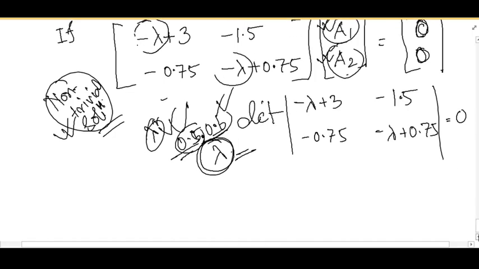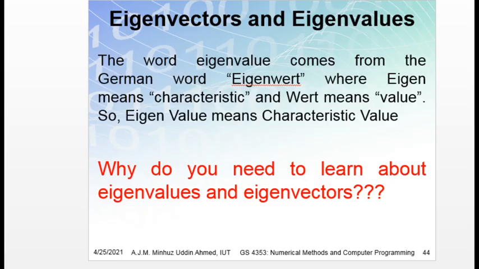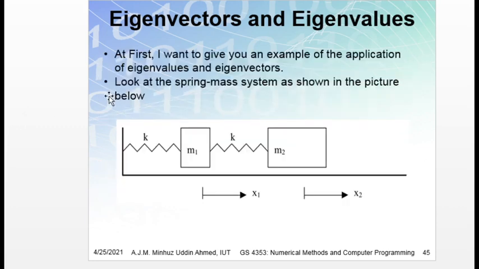Now I'm giving an example where you will be facing this. Take the spring problem in physics: the spring constant is k, and the masses m1 and m2 will be pulled in this direction, so the displacements will be x1 and x2 accordingly for m1 and m2.